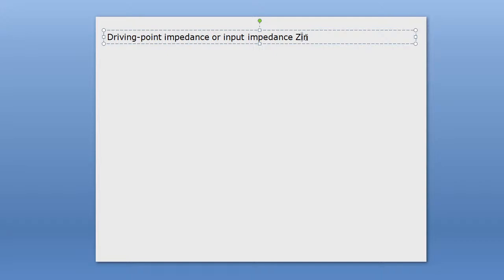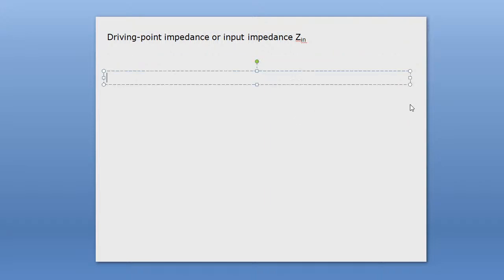Now we will derive the expression of Zin. Zin equal to E1 by I1.